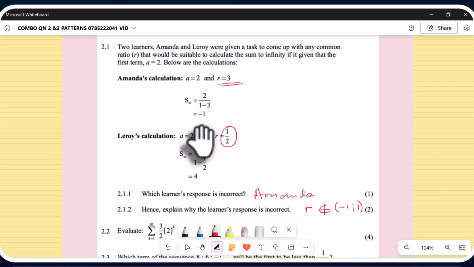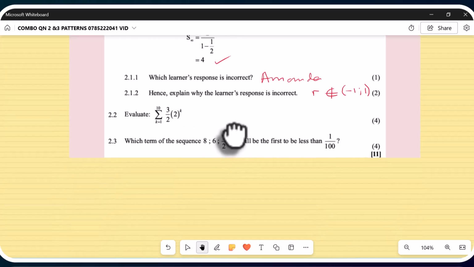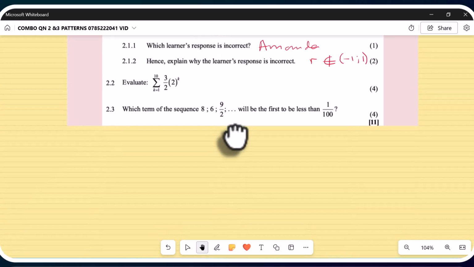For our T1, we put k equals 1, so it's 3 over 2 into 2 power 1, plus 3 over 2 into 2 power 2, plus 3 over 2 into 2 power 3, and so on until the last term, which is with k equals 10.